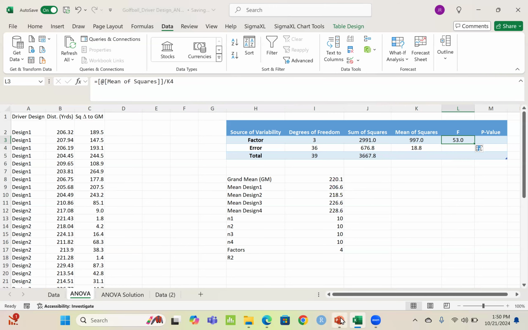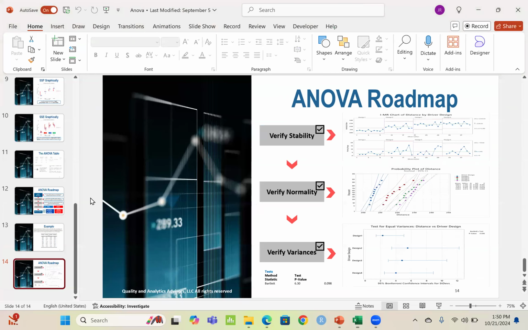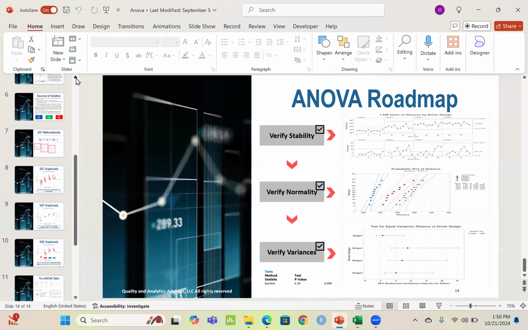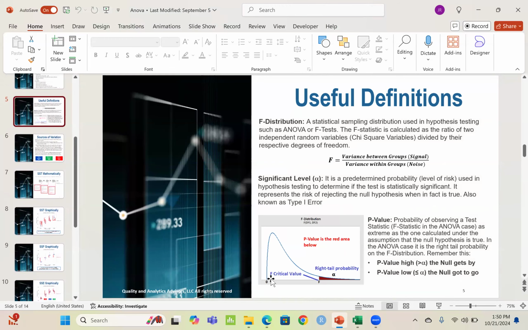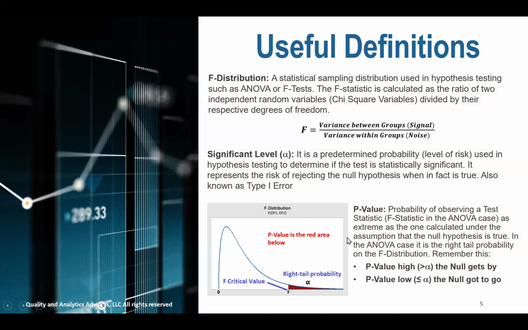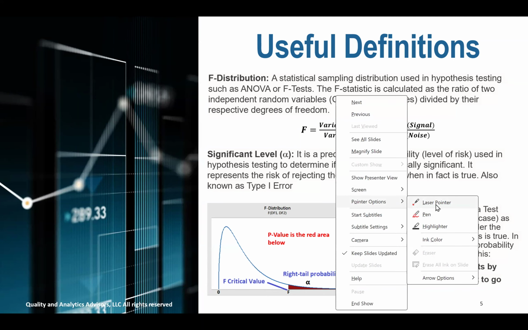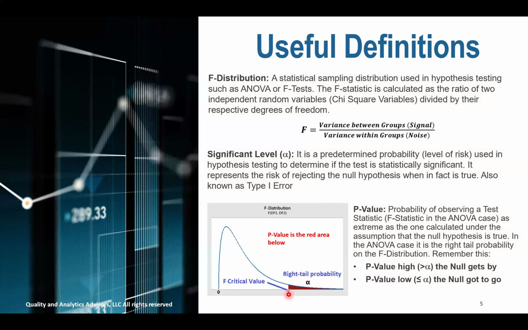If I go back to the PowerPoint and I look at the actual distribution, the F distribution, this value is 53. And the shape is going to be determined by those degrees of freedom that I just calculated, 36 and 3.